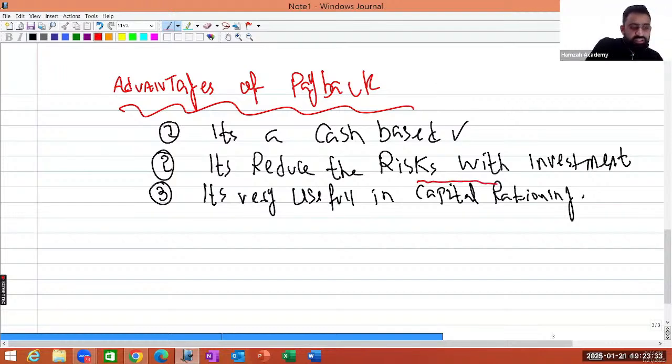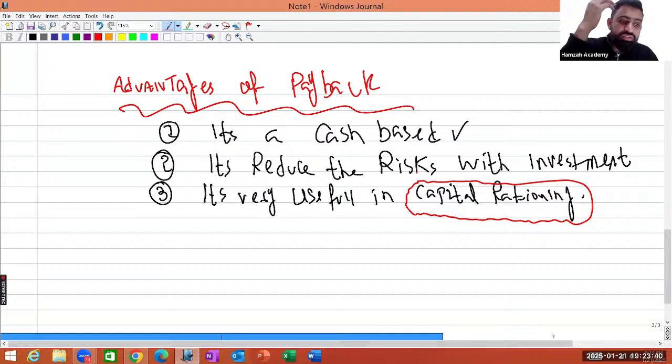Dear student, capital rationing is a situation where you have a number of profitable projects, but you have no sufficient funds which are required to invest in all those projects. That situation is known as capital rationing. For example, you have 4 projects which require total $5 million, but you have only $4 million. This situation is known as capital rationing.